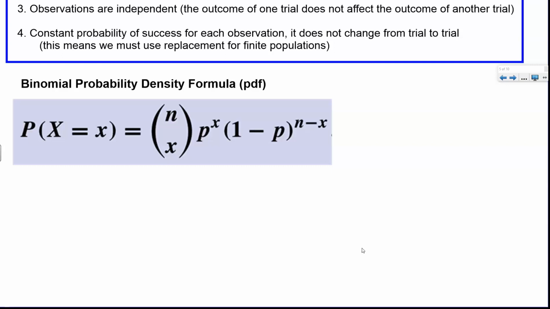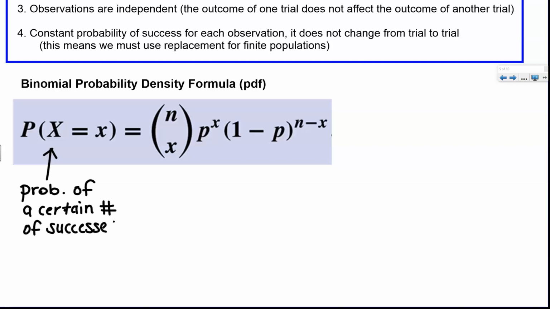So this formula tells us the probability of a certain number of successes. Okay, so the probability of 2 heads in 10 tosses, or 3 heads in 5 tosses, whatever, that would be what this PDF formula would tell us.